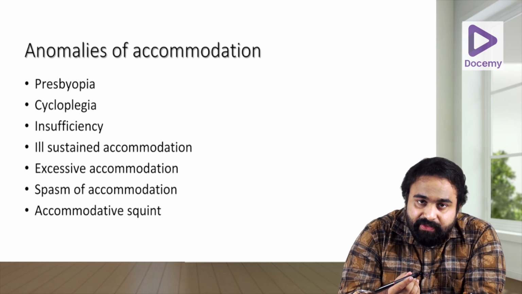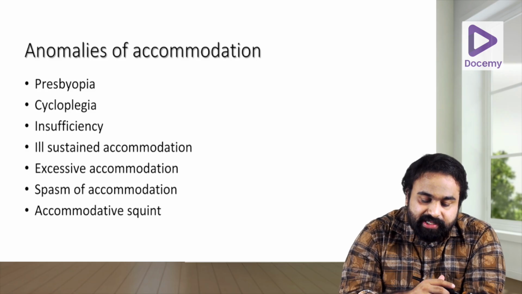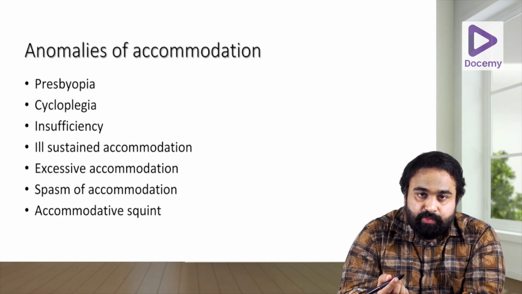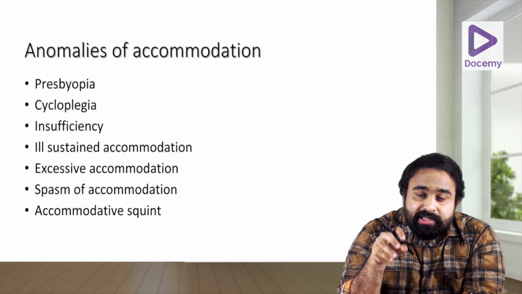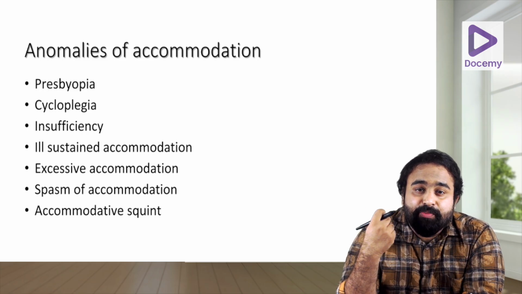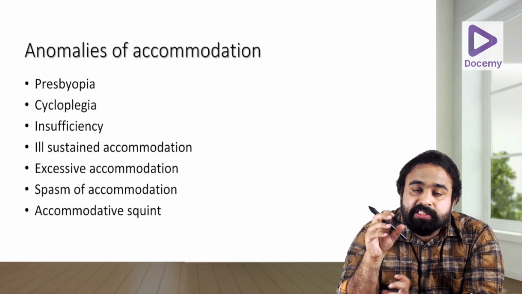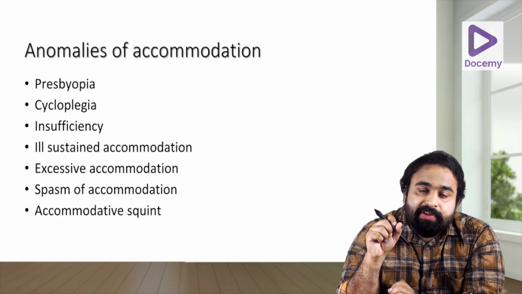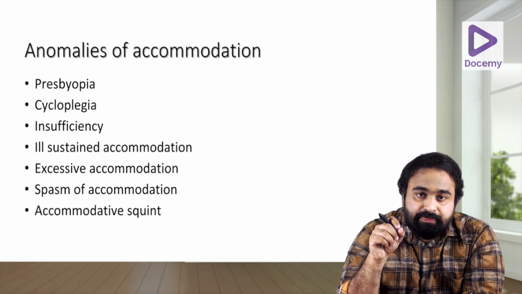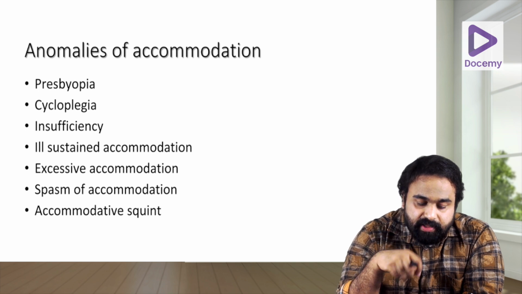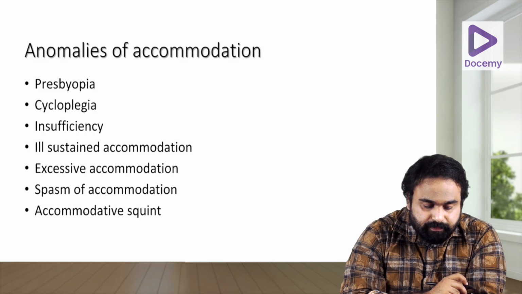Ill-sustained accommodation: there will be power but the accommodation won't be sustained, so if I look at near for some time, I will get fatigue. Or excessive accommodation, when the accommodative muscles are working more, there will be asthenopic symptoms. Sometimes there will be spasm of accommodation, where the ciliary muscle is in a spastic condition. We can treat it by giving cycloplegics. And as I told, there will be accommodative squint.